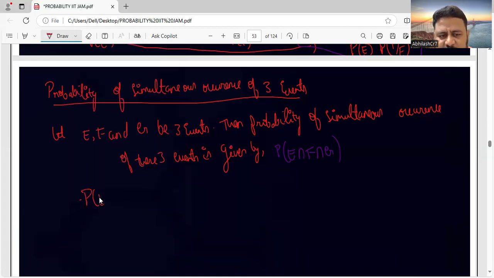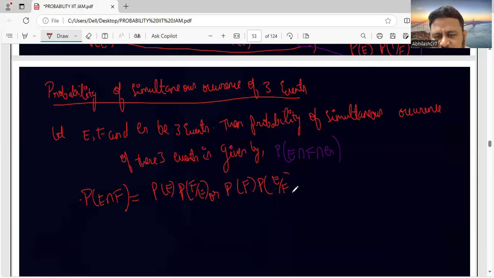The probability of E intersection F for two events we found as probability of E into probability of F by E, or, given that event F has occurred, you can also write it as probability of F into probability of E by F. You can use either of these formulas, depending on which event has already occurred.